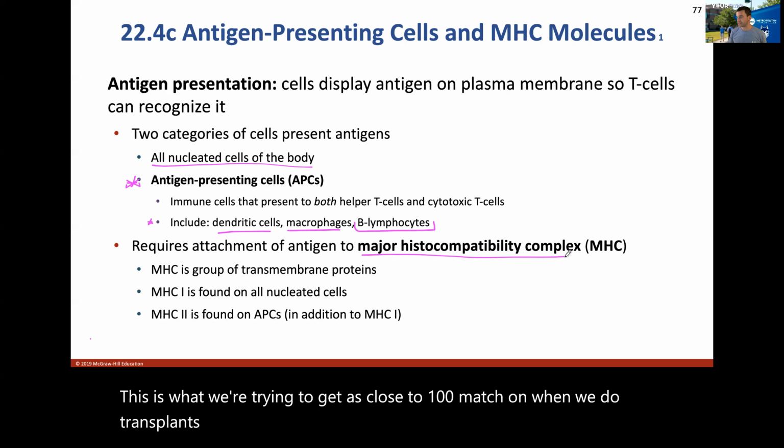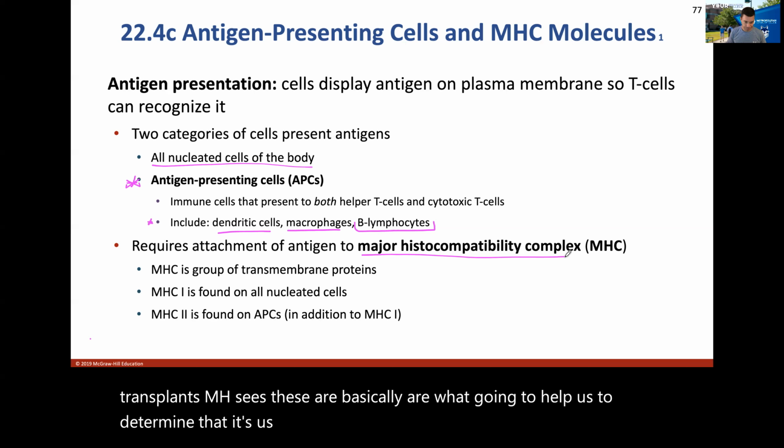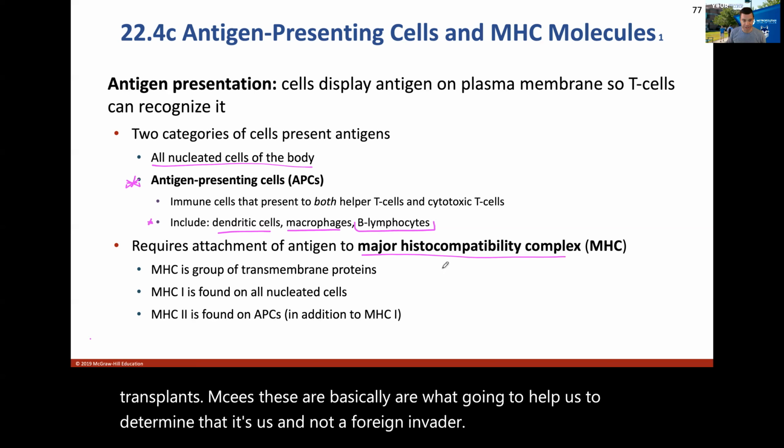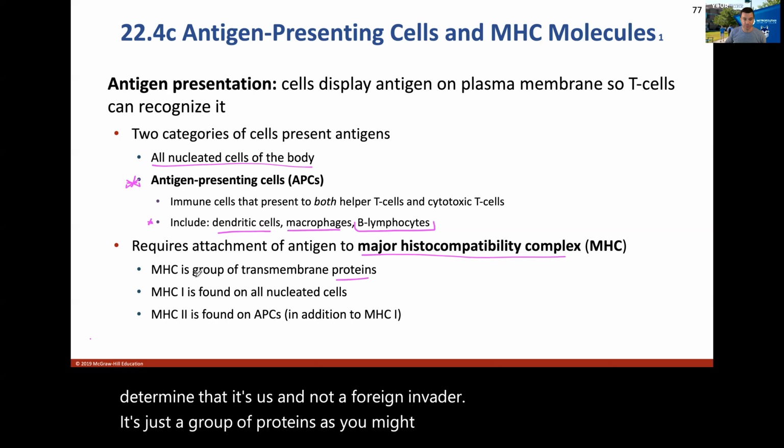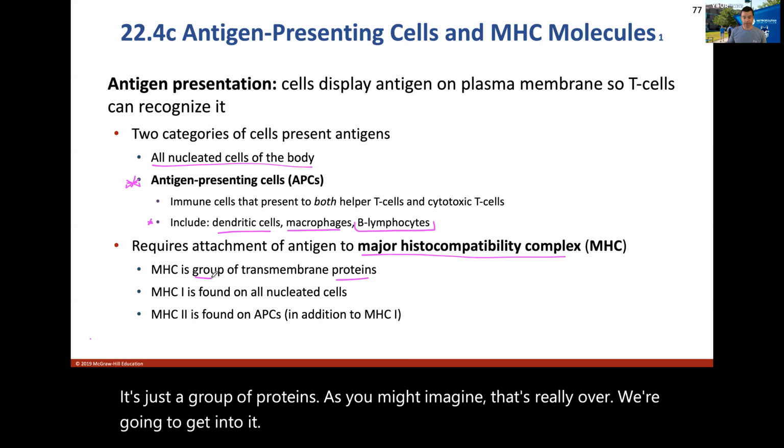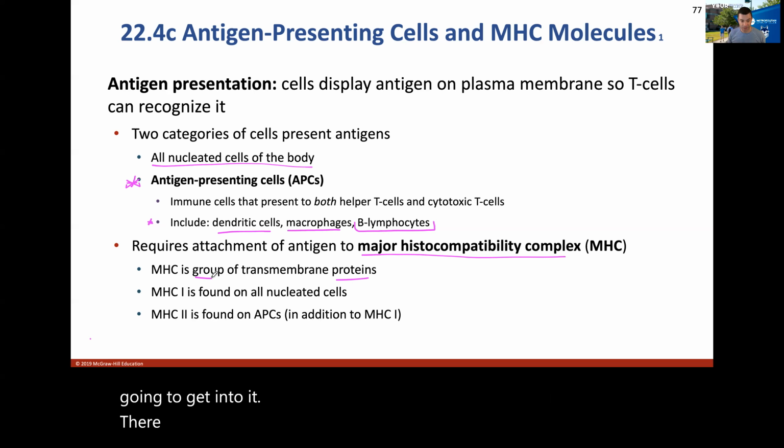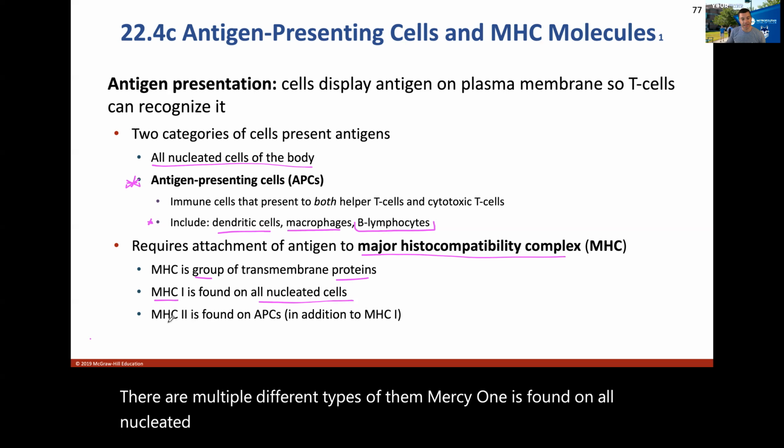These are basically what's going to help us determine that it's us and not a foreign invader. It's just a group of proteins, as you might imagine. That's really all we're going to get into. There are multiple different types of them. MHC1 is found on all nucleated cells, and MHC2 is found specifically on our antigen presenting cells.